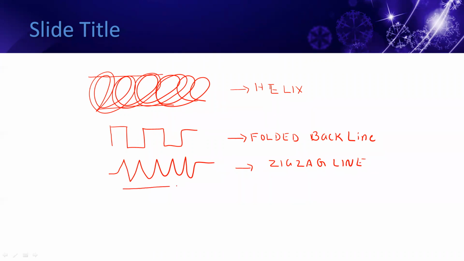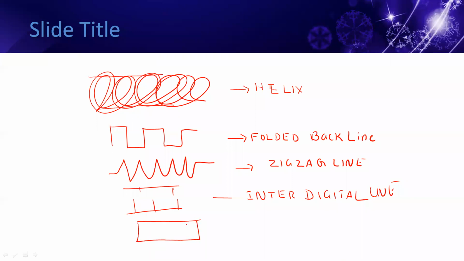Next we have the interdigital line type. Similarly, we have, for example, the corrugated waveguide, a corrugated type waveguide.